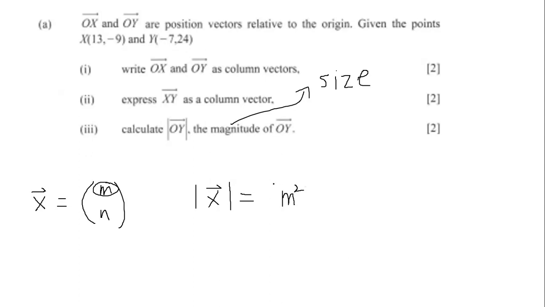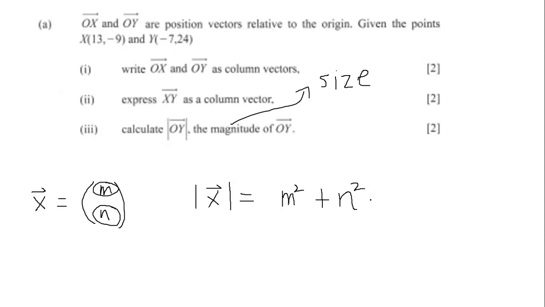And then once we finish squaring that, we're going to add that to n squared. So we have m squared, which is m times m, and n squared, which is n times n.